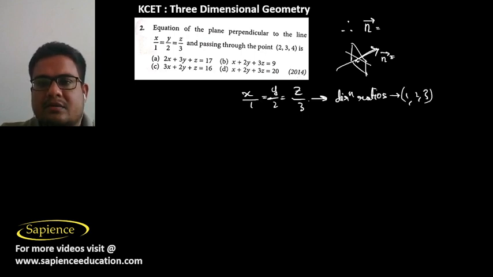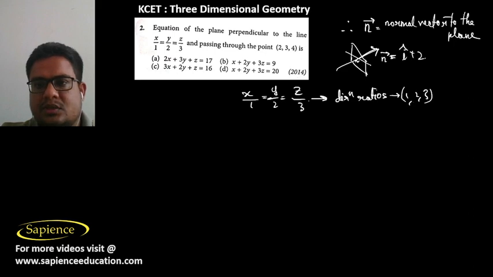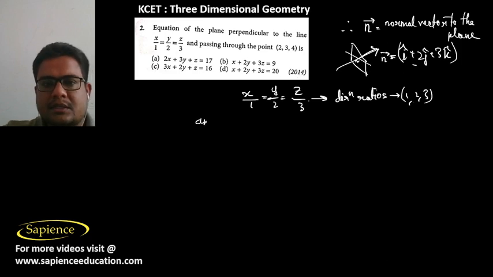That means that the n vector, which is the normal vector to the plane, will also be along the direction ratios of the line. That will be equal to i cap plus 2j cap plus 3k cap. And the plane also passes through the point A, which is (2, 3, 4).